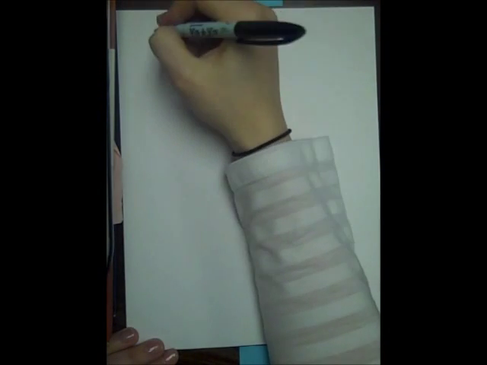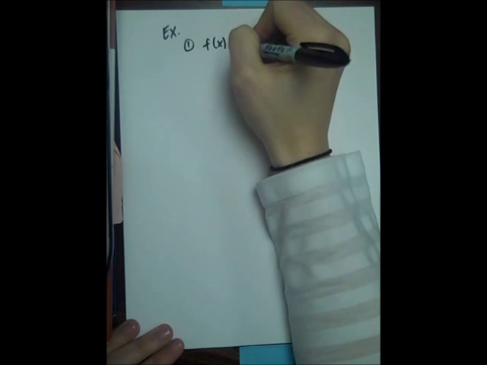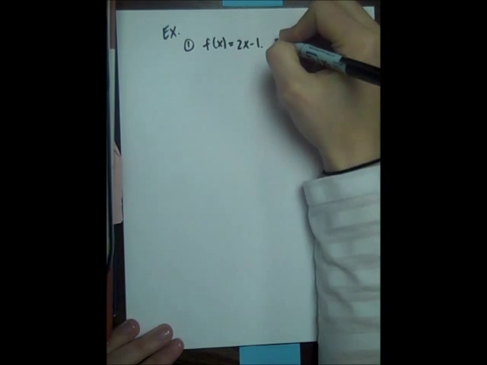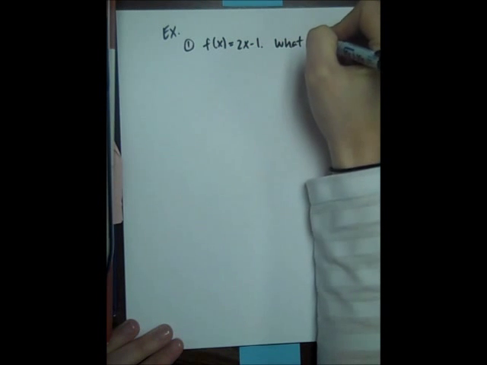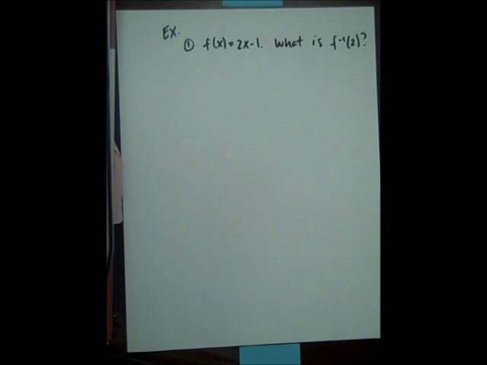Let's try one more example here. In the example where we found the inverse, I gave you a table. But what if I don't give you a table? What if I say f of x is 2x minus 3, and I ask, what is f inverse of 2? That's saying my output was 2, what was my original x?